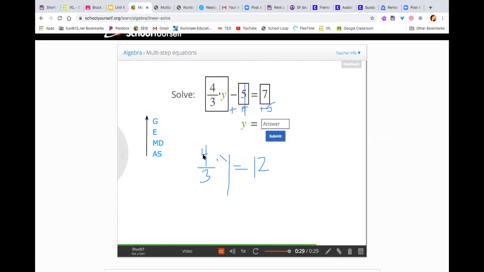So do I want to start with the top number or the bottom number to get rid of my fraction? Bottom, good. So, starting with this bottom number, it says divide, so I'm timesing.